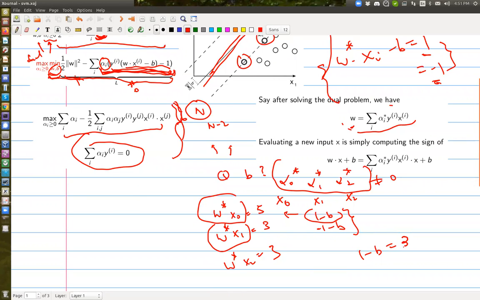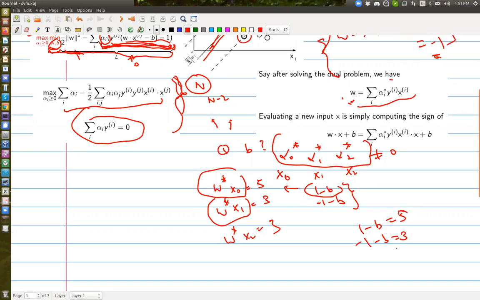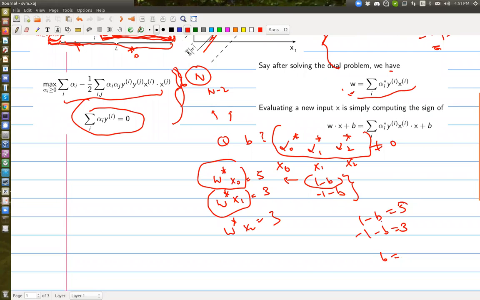3. Okay, I'm very bad at this. Let's see, is that 3 or 5? And -1 minus b is equal to, of course, it should be like this one. It will be 3. The difference is 5, right? So then I should have b equal to, I think I have it the other way around.